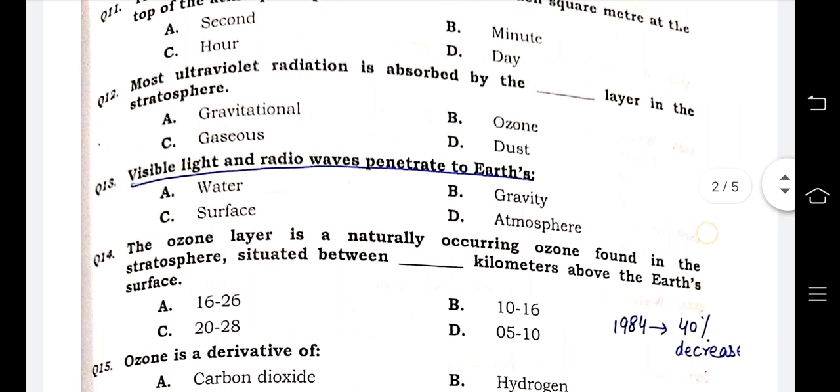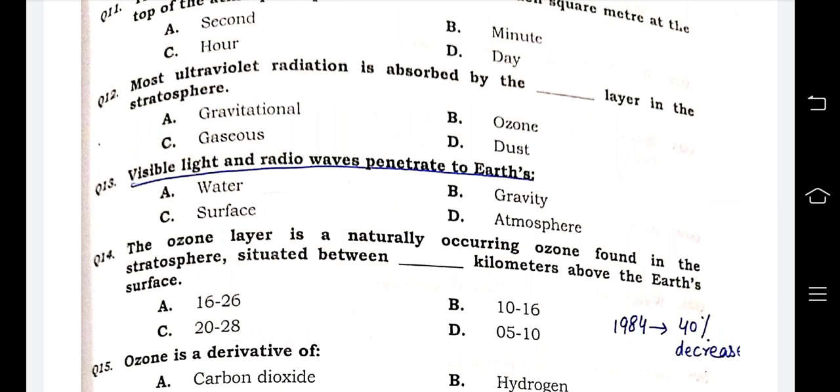Option A. Most ultraviolet radiation is absorbed by the dash layer in the stratosphere. Stratosphere is one of the layers of atmosphere. Most ultraviolet radiation is absorbed by the dash layer: option A gravitational, option B ozone layer, option C gaseous layer, option D dust.